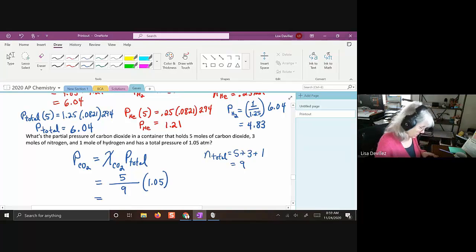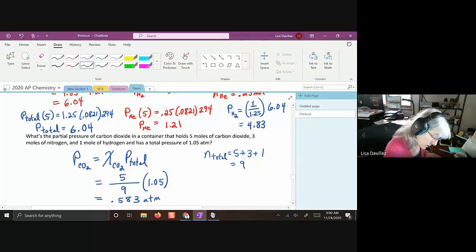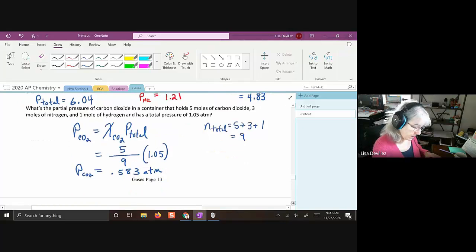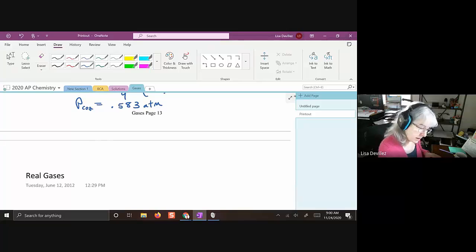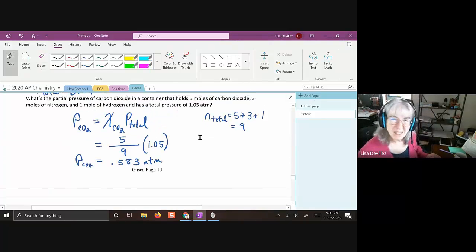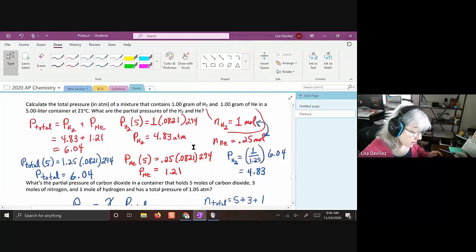So that's going to be 5 divided by 9 times 1.05. So 0.583 atmospheres is the partial pressure of the CO2. Okay. All right, so that's kind of an example of the different ways that calculations that you'll see with mixtures of gases.